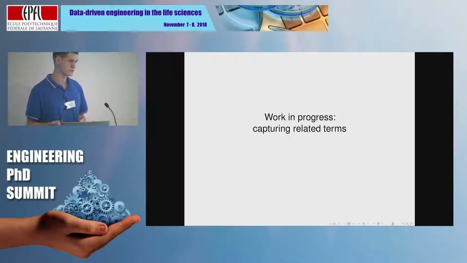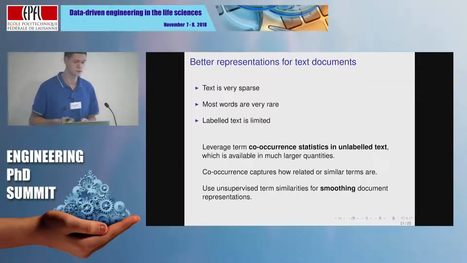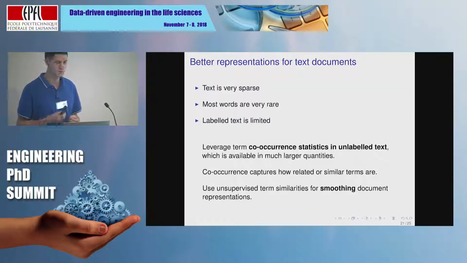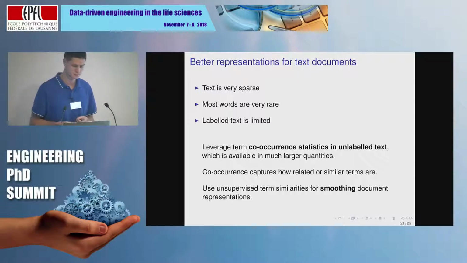So even documents that talk about the same thing, if the authors come from different communities, can use slightly different vocabularies, and these representations can be orthogonal even though the articles are actually quite similar. So what we need to do is to capture the similarities between these terms and their semantic relationships.